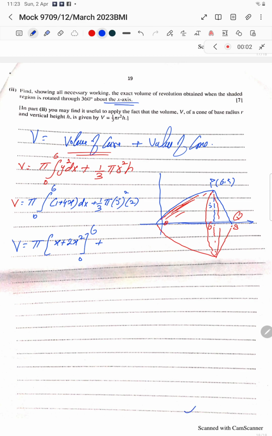Simplify this in the calculator, and we will get 78 pi plus 50 pi by 3, and finally you can write your answer 94 whole 2 by 3 pi, or 284 pi by 3. So this is the end of the whole paper.